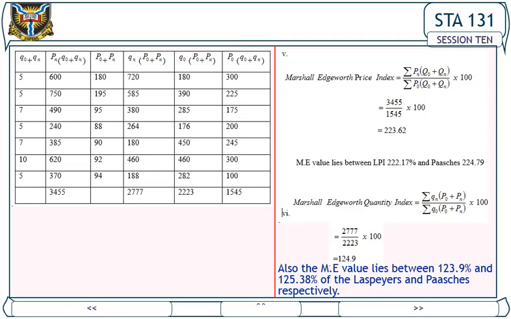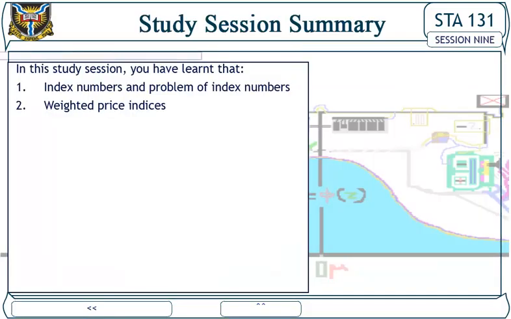Marshall-Edgeworth quantity index is equal to 124.9. Also, the ME value lies between 123.9% and 125.38% of Laspeyres and Paasche respectively.